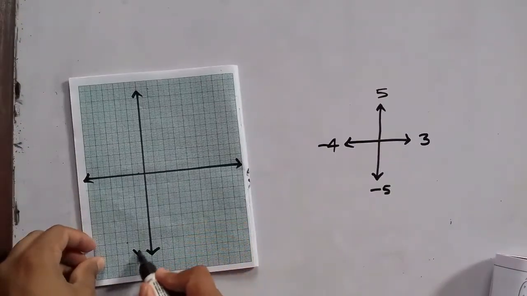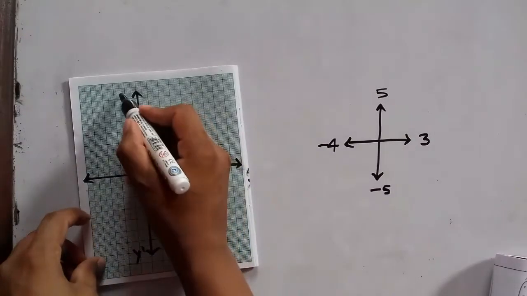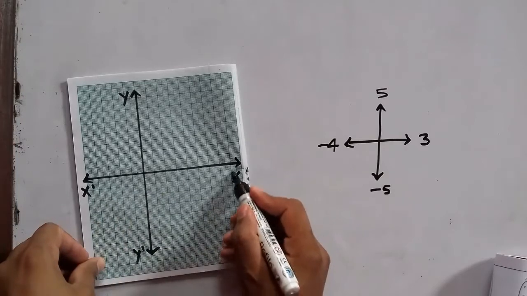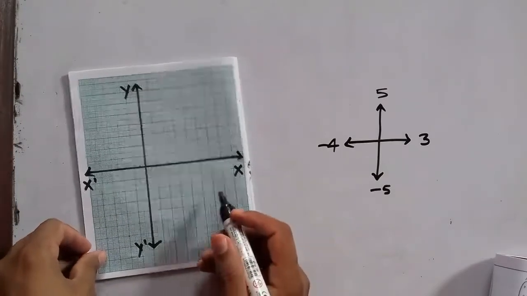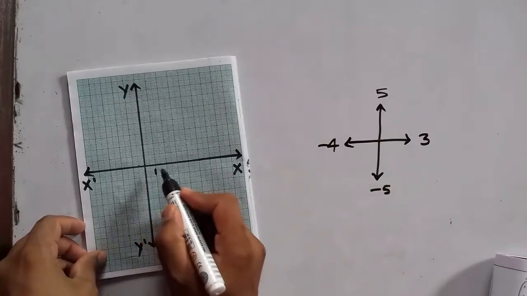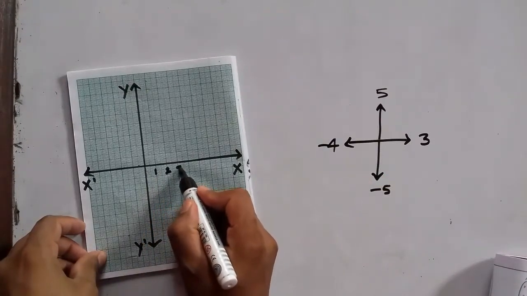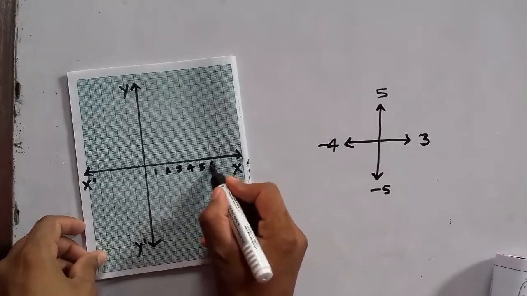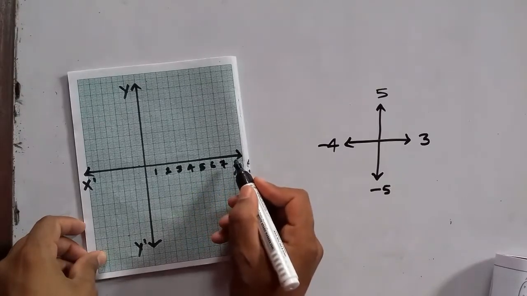This side is y dash, this side is y, this side is x dash, this side is x. Now on this side we write positive values 1, 2, 3, 4, 5, 6, 7.